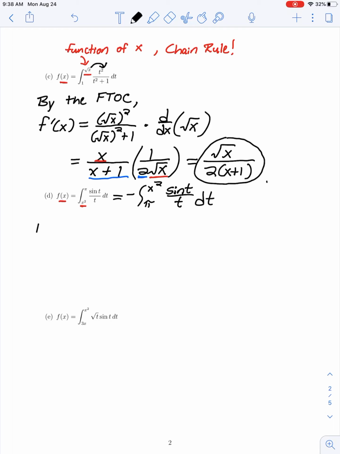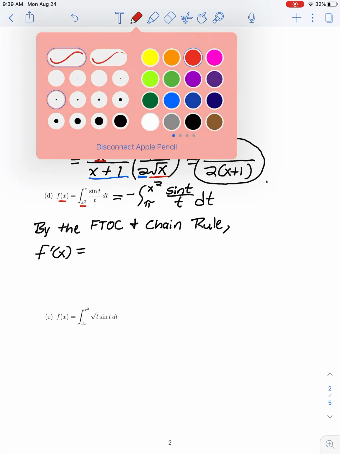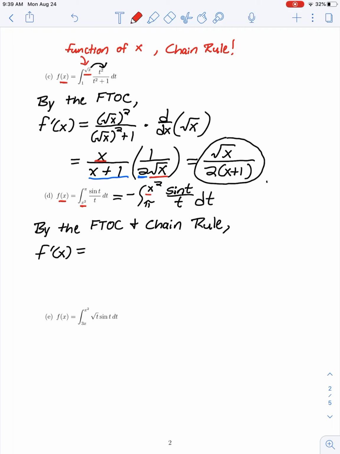And now, by using the fundamental theorem of calculus, and again, the chain rule, our derivative, f prime of x, would be found by first taking the derivative of the outer function. So that's where we're using the fundamental theorem of calculus.